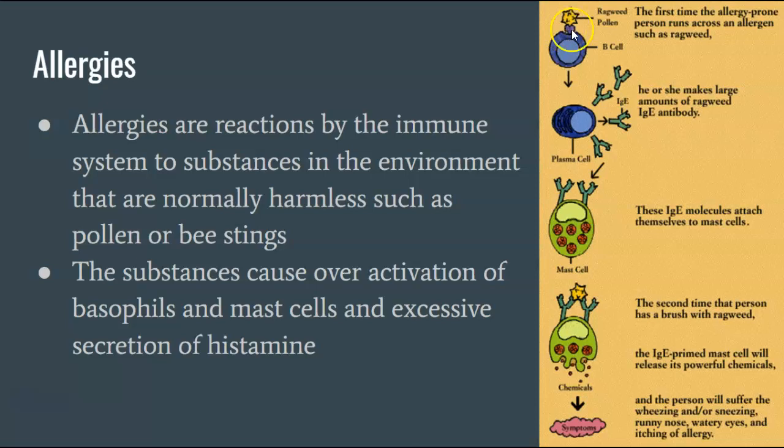I make an antibody for this, like pollen or whatever, and then my body reacts as if this is an infection, a real honest to God infection from a pathogen. And so I am now suffering the symptoms. Wheezing, sneezing, my eyes are so itchy, I can't do anything, because my body thinks that I'm under attack.